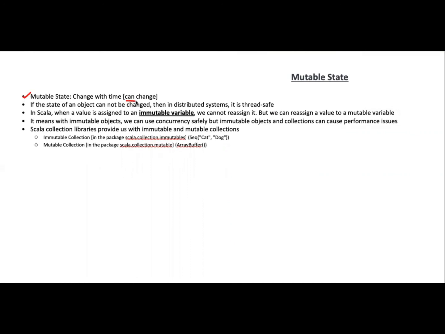But when it comes to an immutable variable, it means you are not supposed to change or reassign the value. You cannot reassign any value. Immutable means you are not supposed to change it; when it is mutable, you can change it.